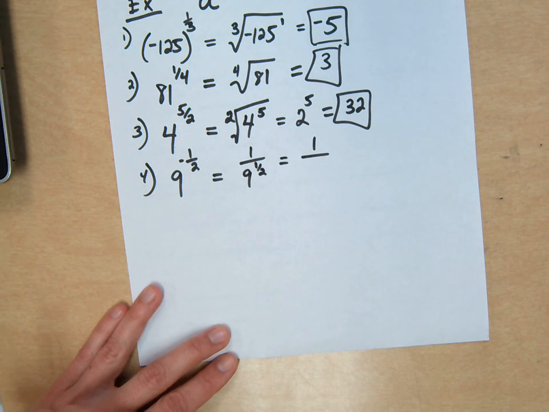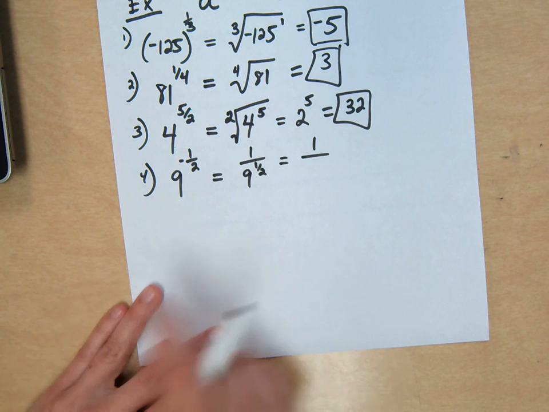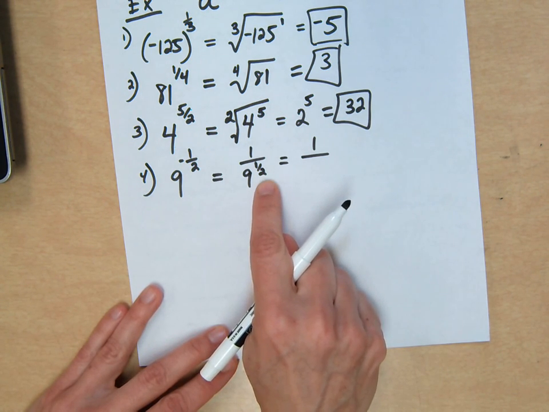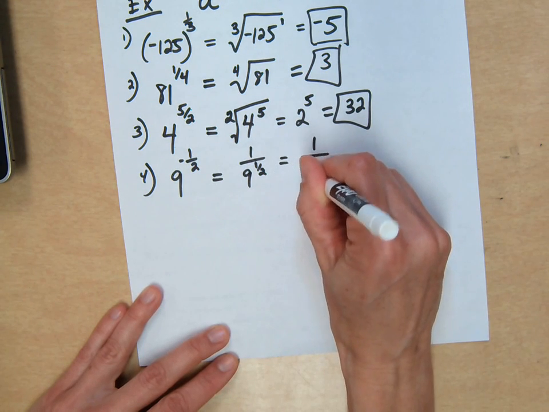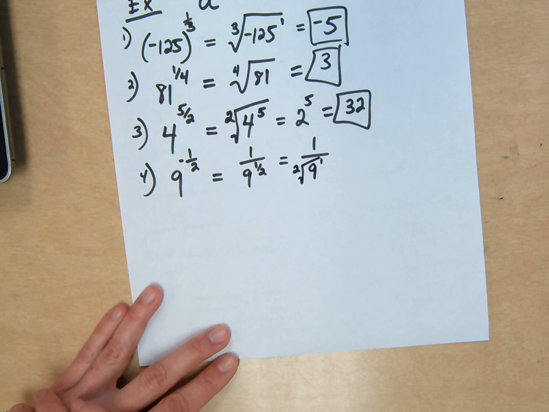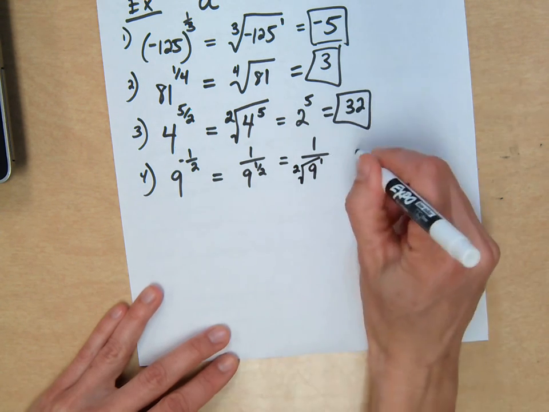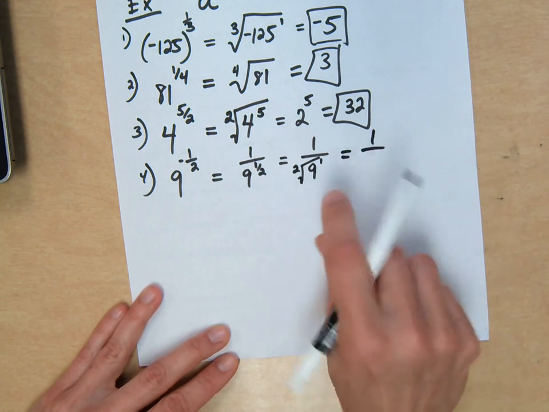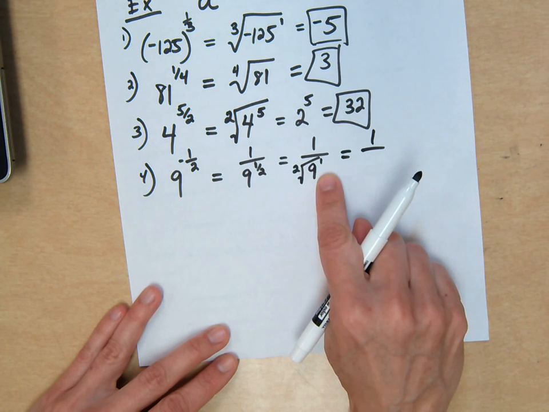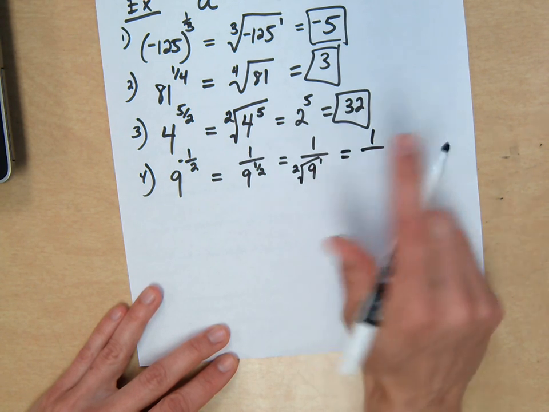It's not half of 9, it's not 9 times a half. It's 9 to the 1 power, square root. That's what to the 1/2 power means. So 9 to the 1 is 9, square root is 3. So it's just 1/3.